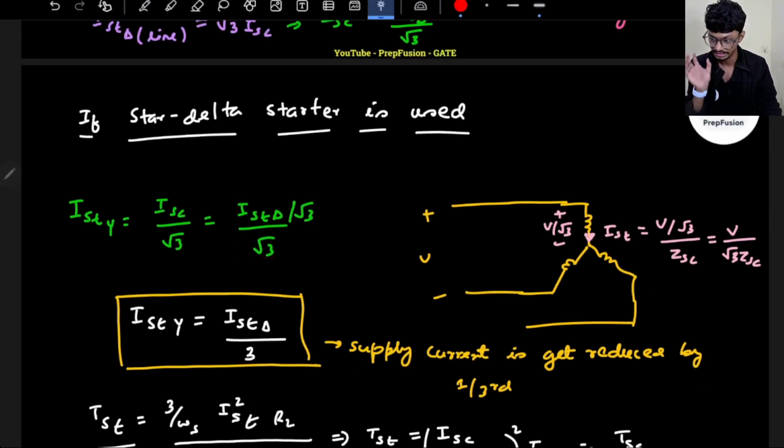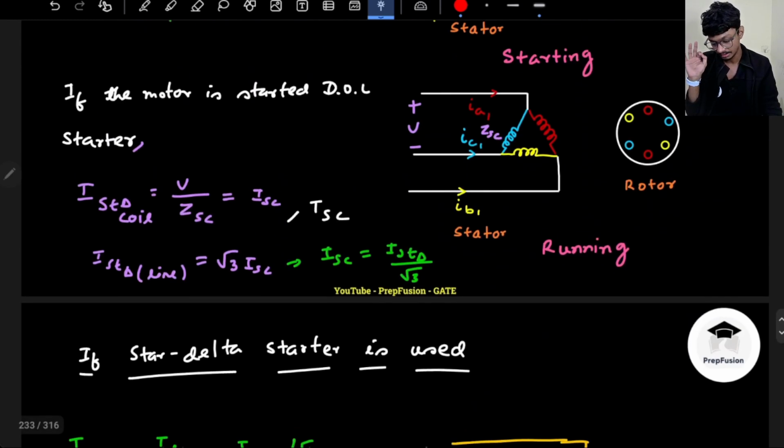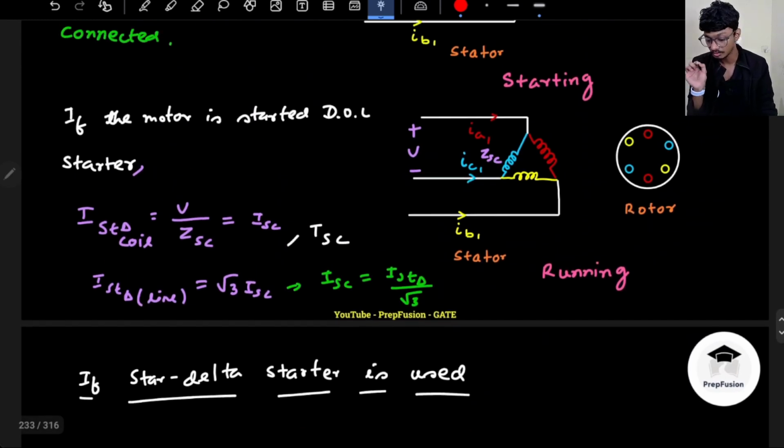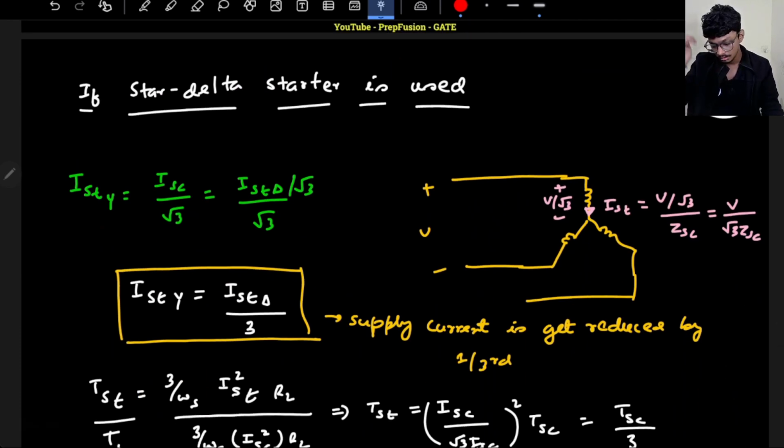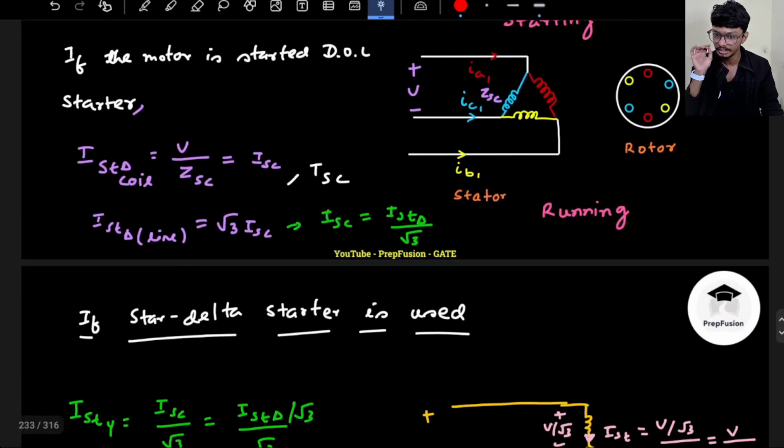That is the only reason. That's where I can say that the line current has reduced by 1/3, and the torque also has reduced by 1/3, because the current is still ISC here, and ISC current is V by ZSC, and in this case the current will be V by root 3 ZSC. So if I am squaring it, the torque will be 1/3.